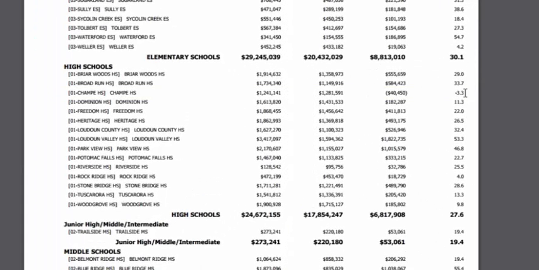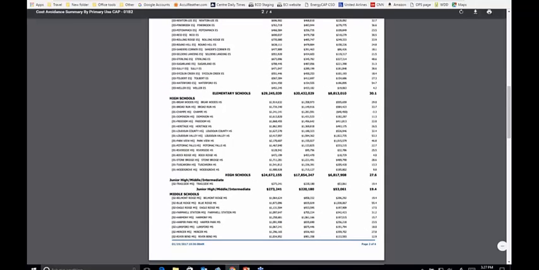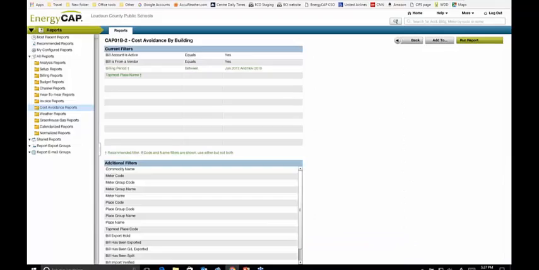This particular building has a negative savings, and there might be very good reasons for that, but it points out that if I want to focus my efforts somewhere, that'd be a good place to go, because there's a lot of dollars at stake, and for some reason the performance is not what I would expect. That was the CAP 01B-2.